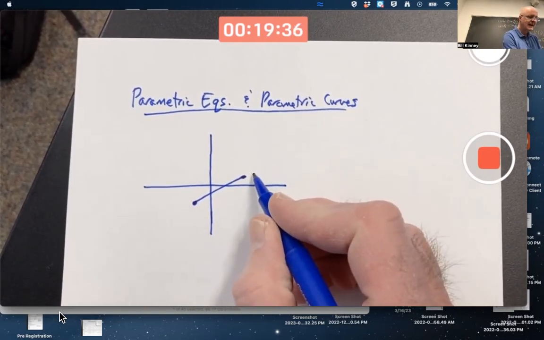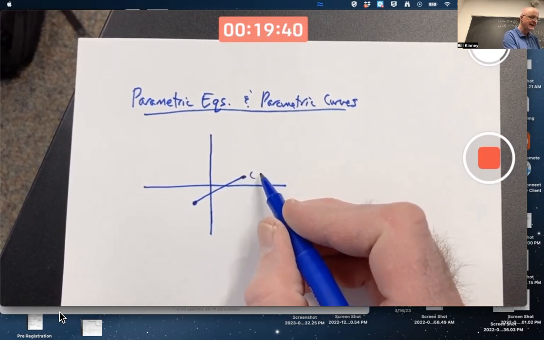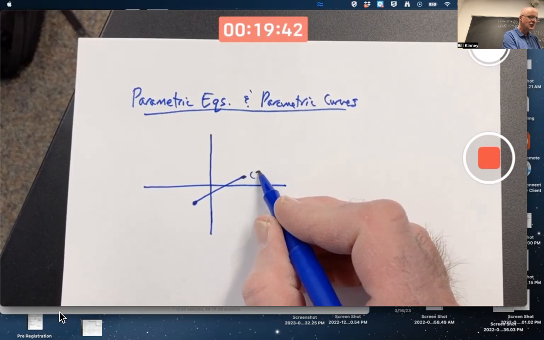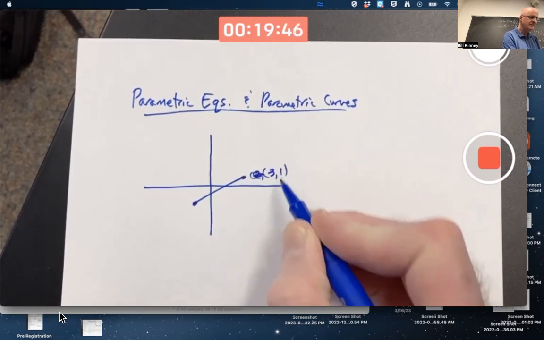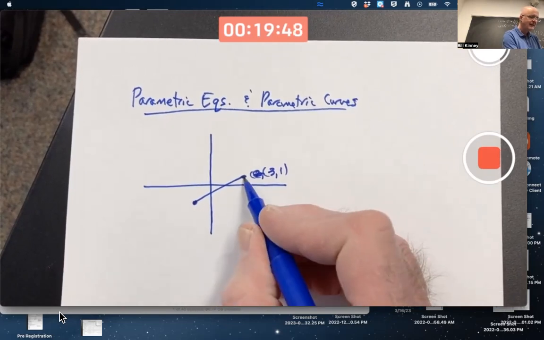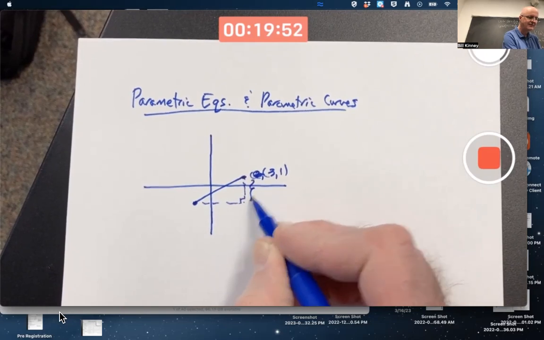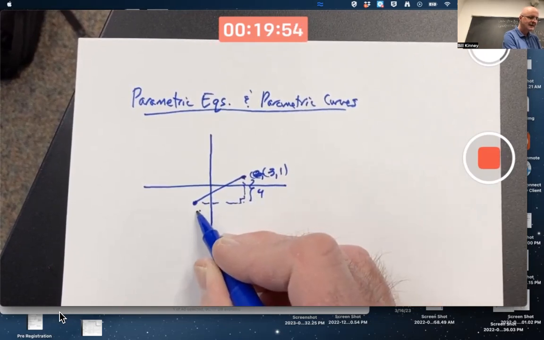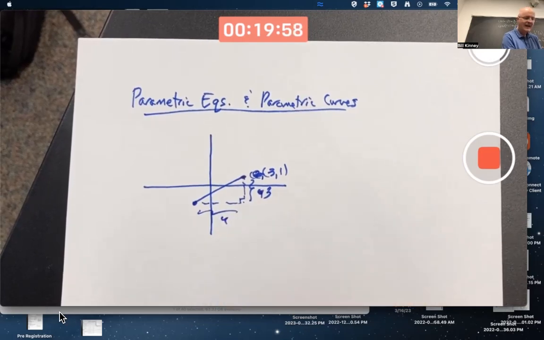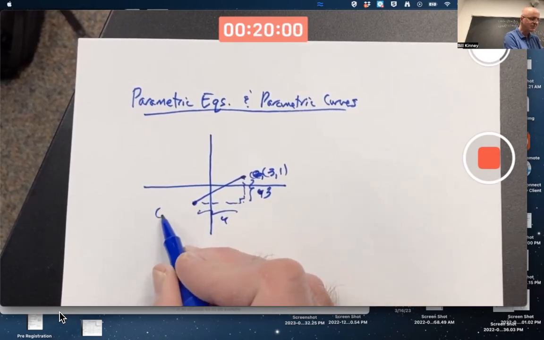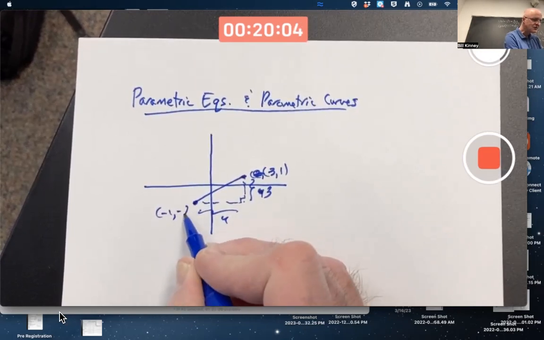Let's say this point has coordinates, and I'm going to try to make the numbers work out nicely here. Maybe 3, 1. I'd like to make this a nice right triangle, so I'd like to make this height 4 and this one 3 and this one 4. And if that's the case, then the coordinates of this point better be -1, -2.